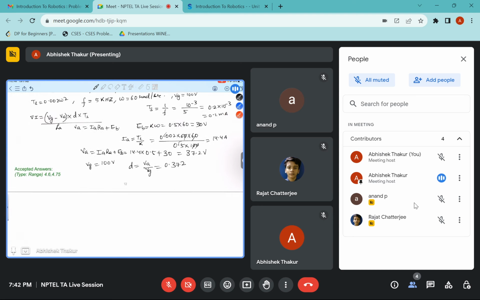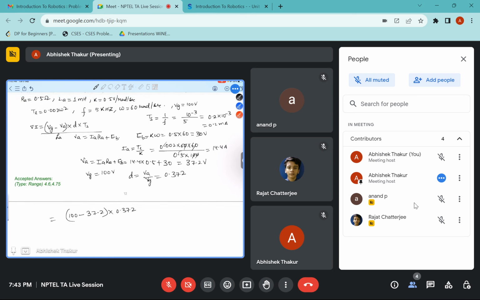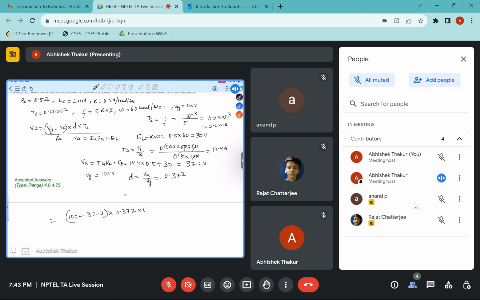So now we can substitute all these values. This is equal to (100 minus 37.2) into D, which is 0.372, and after that Ts, which is 0.2 into 10 to the power of minus 3.